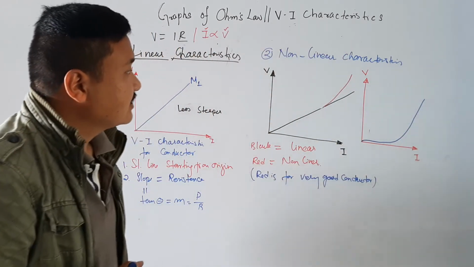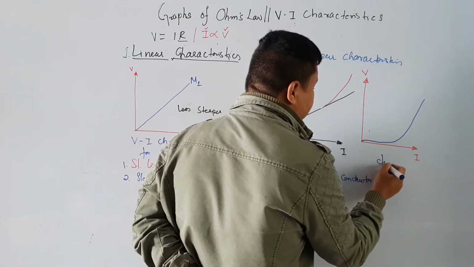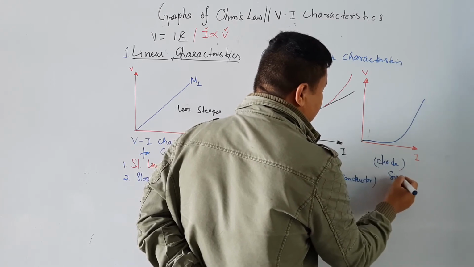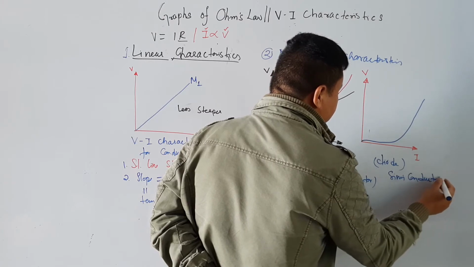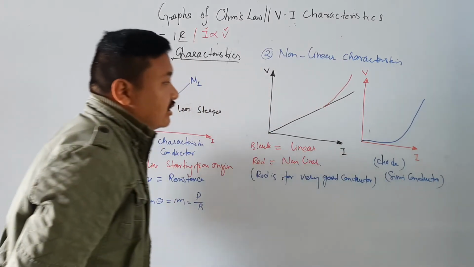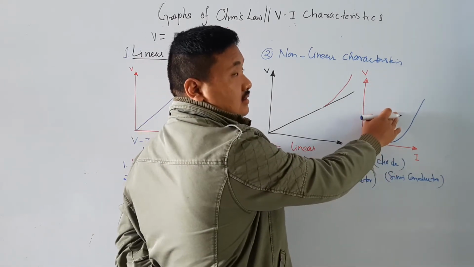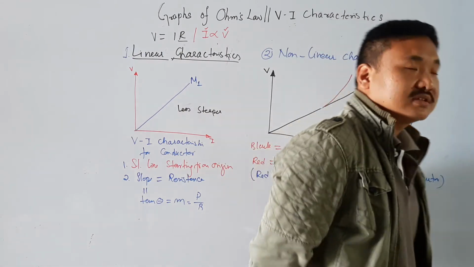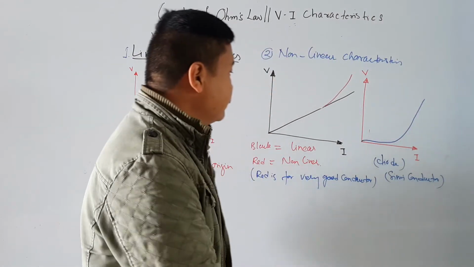This characteristic is for a diode, which is a semiconductor. Now for a semiconductor, this is non-linear, isn't it? So these are two examples. You may have some other graph also, but I am not going to do that.